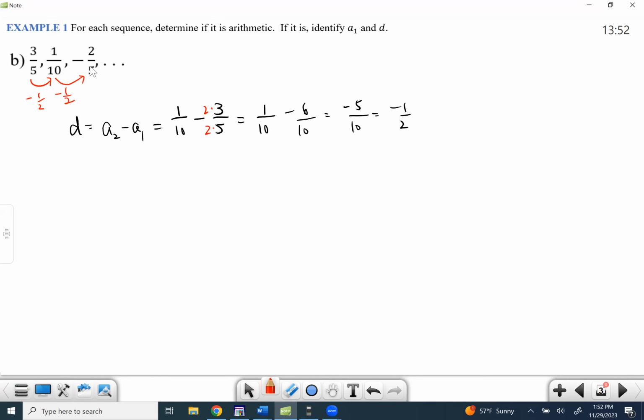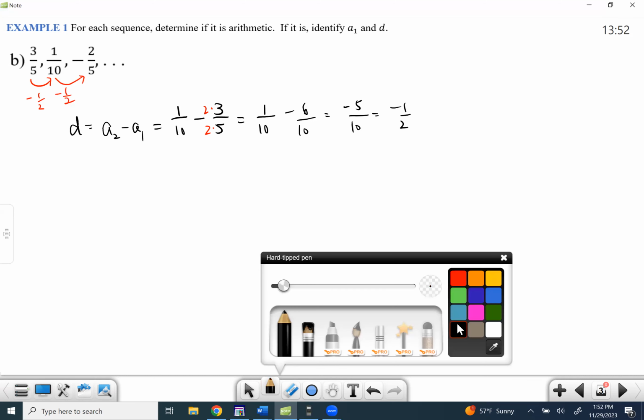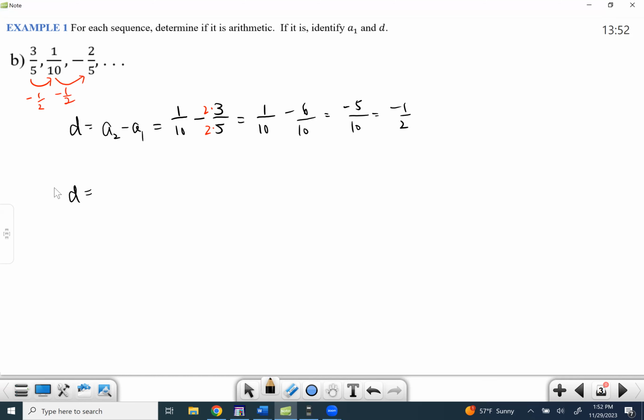So it looks like it's doing the same thing every time. Remember, an arithmetic sequence has to be adding the same number every time, and we were adding -1/2 each time, or subtracting 1/2 each time. Another thing you could do just to check is take the third term minus the second term and see what happens. Do you get the -1/2?